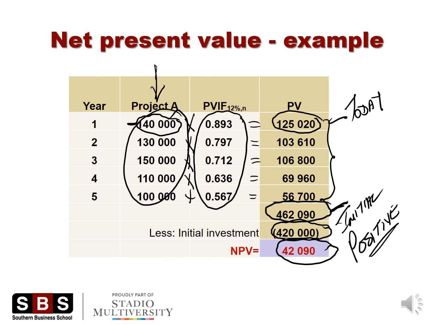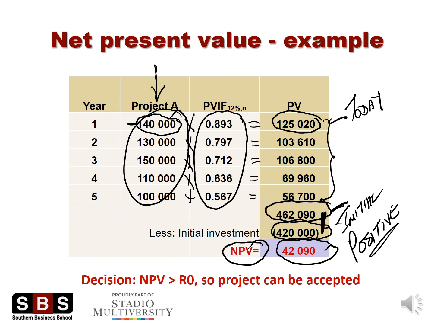So it's a positive amount, and this 42,090 Rand is the net present value. Net means the difference between these two values, and it's in present value terms. So in terms of a decision, we will note that the net present value is greater than 0. It's positive, and therefore the project can be accepted.